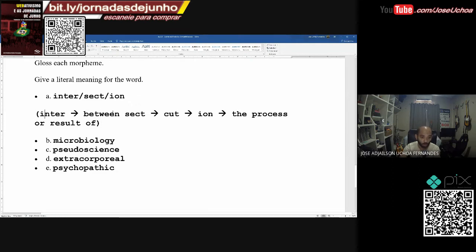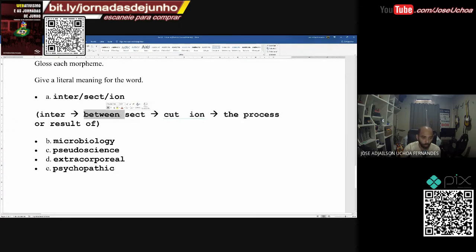Inter means between, in the middle. Sect is to cut, and ion is a derivational noun-forming suffix that will tell us that this is the process or the result of cutting something in the middle, in between.